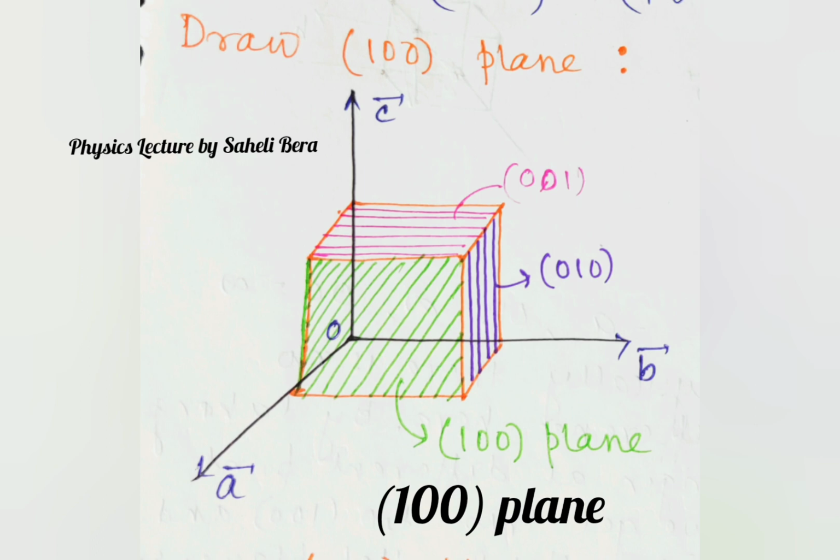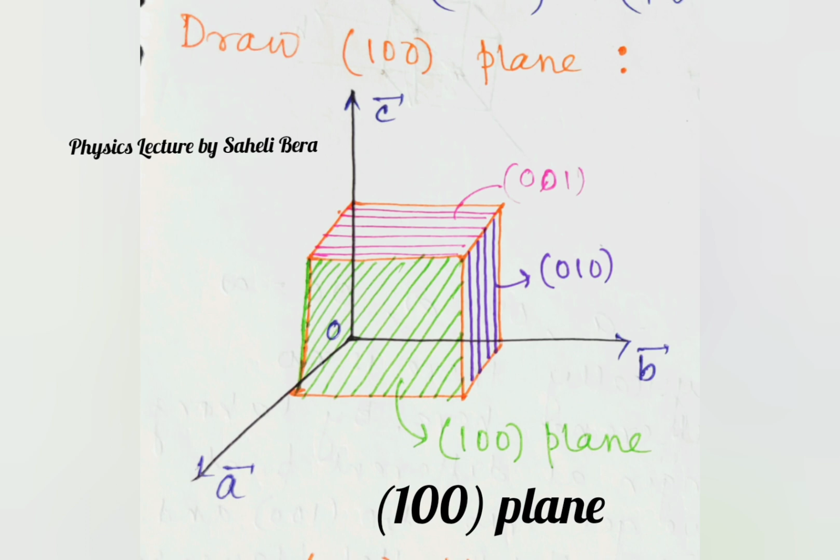So the plane will cut the x-axis at 1 unit of A, and it will not intersect the y-axis and z-axis. It will be parallel to the y-axis and z-axis.